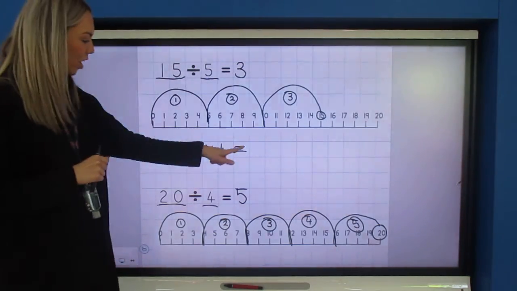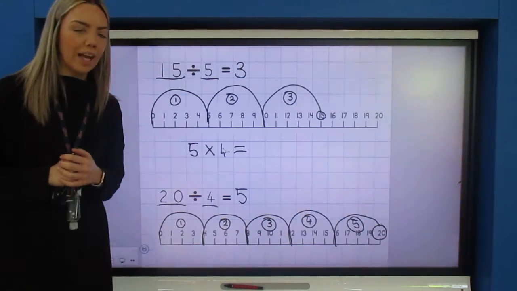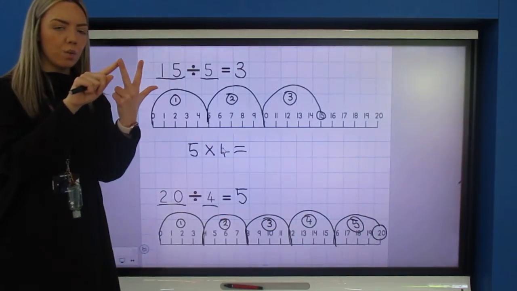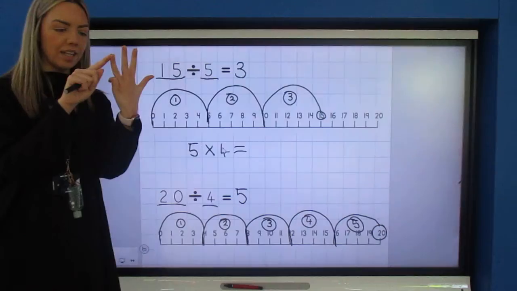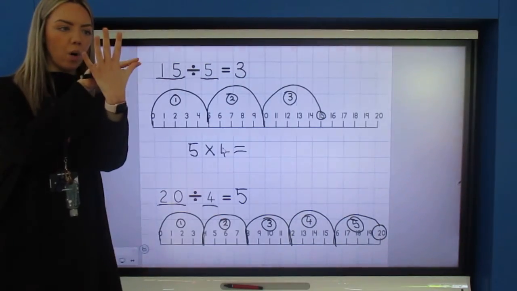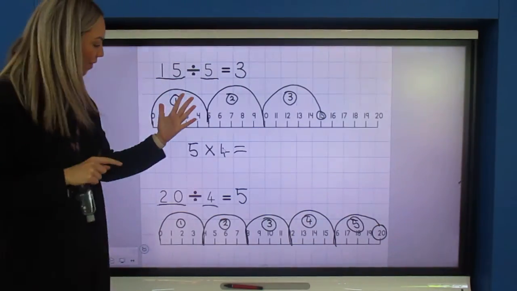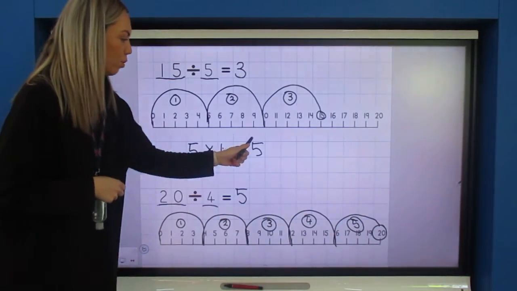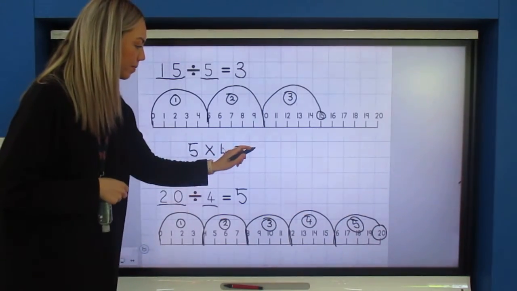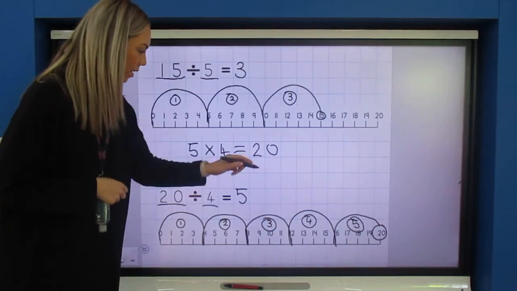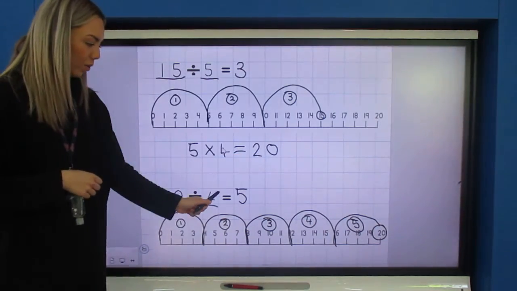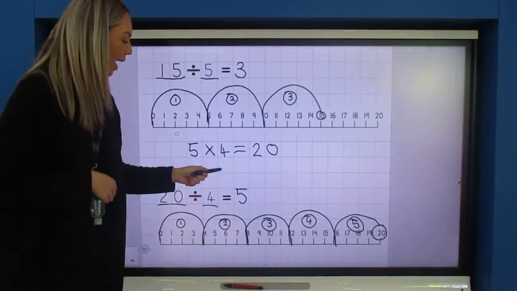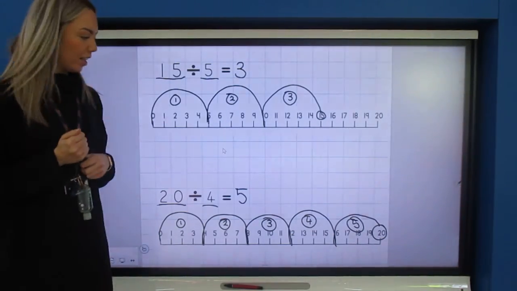Let's practice that to check if 5 lots of 4 would get to 20. 4, 8, 12, 16, 20. 1, 2, 3, 4, 5. So 5 lots of 4 equals 20. And 20 divided by 4 equals 5. So it's just the reverse, okay? And how we get there is just reversing the sum.